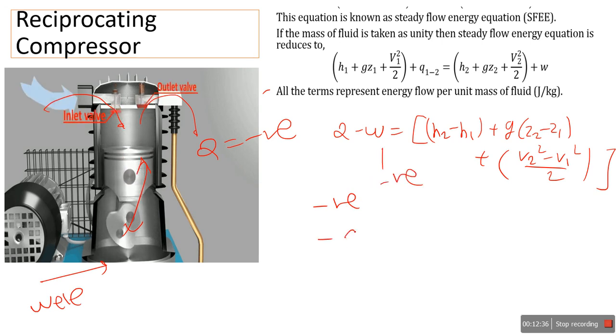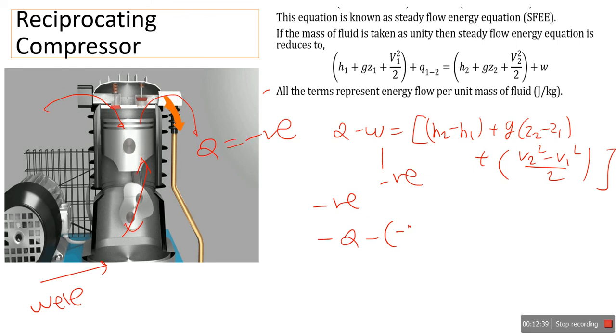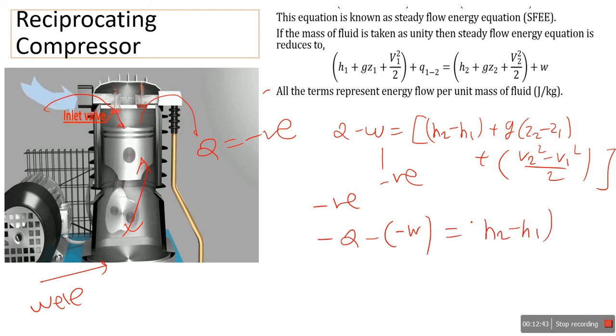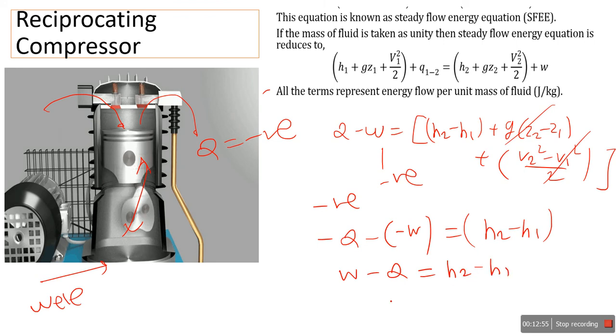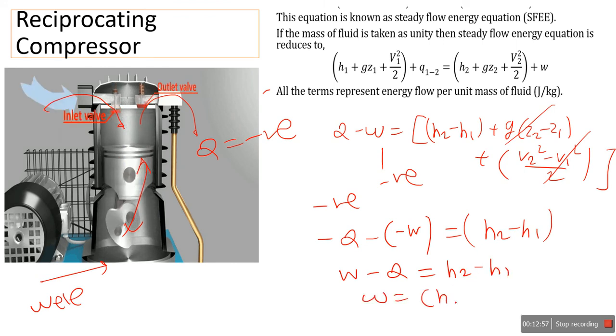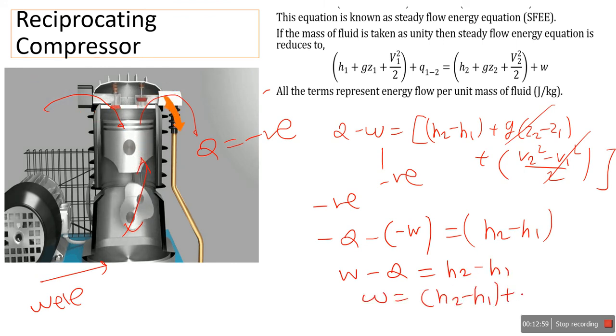So the equation becomes minus Q minus W is equal to H2 minus H1. I again assume that the change in potential and kinetic energy is 0. So the equation becomes minus W minus Q is equal to H2 minus H1, so W is equal to H2 minus H1 plus Q.